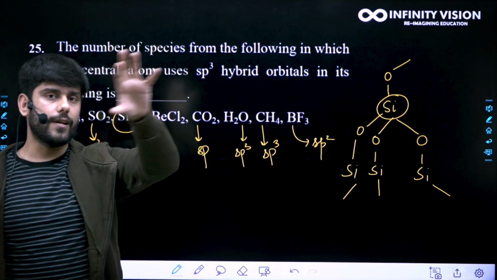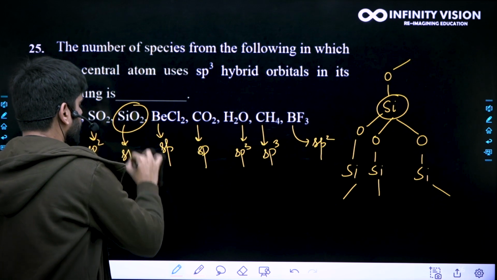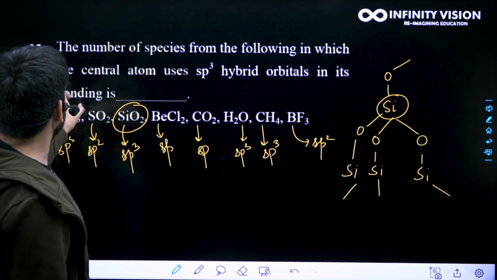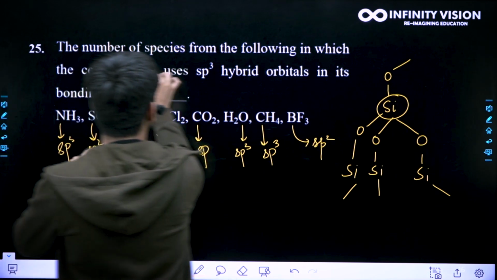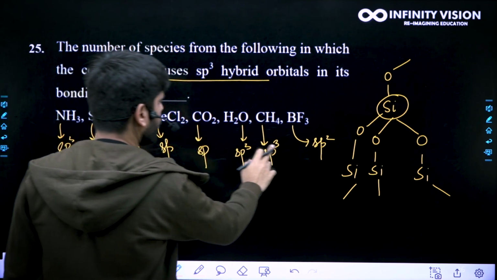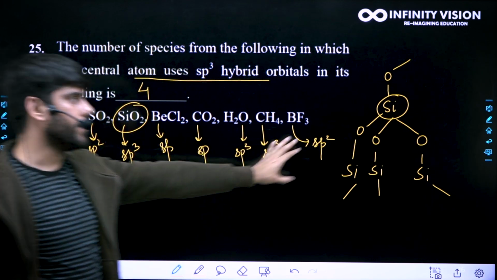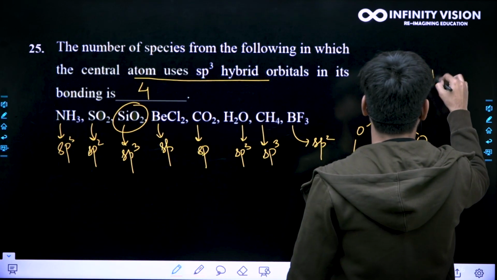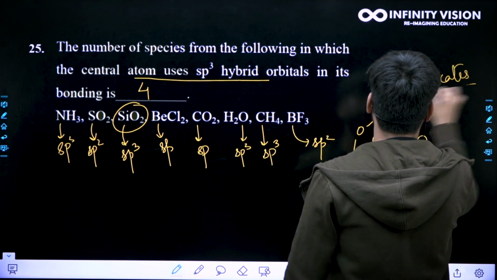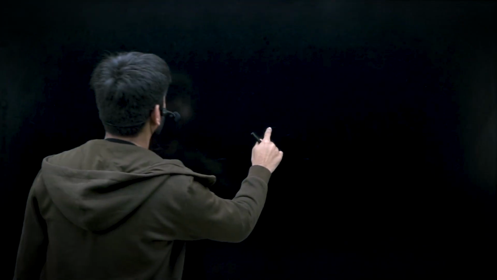Silicon favors tetrahedral coordination. So again, it is sp3. So it is saying where the central atom uses sp3 hybrid orbitals. So 1, 2, 3, 4. 4 such cases. So the answer is 4. Please remember this. This is from silicates. Right? Okay. Let us discuss the next question.